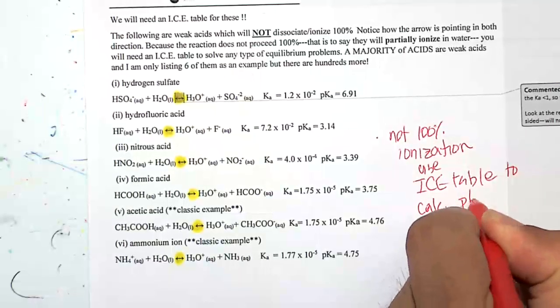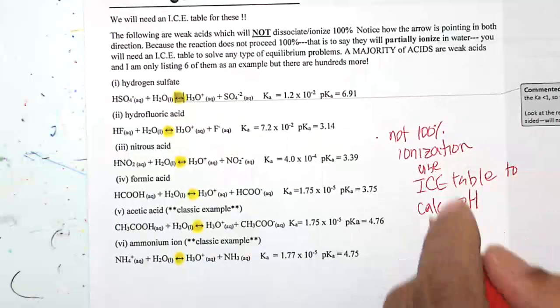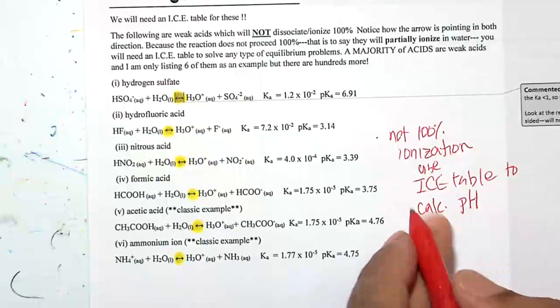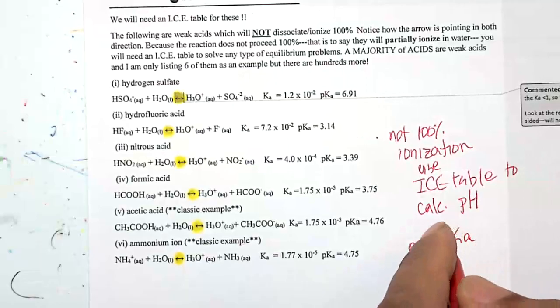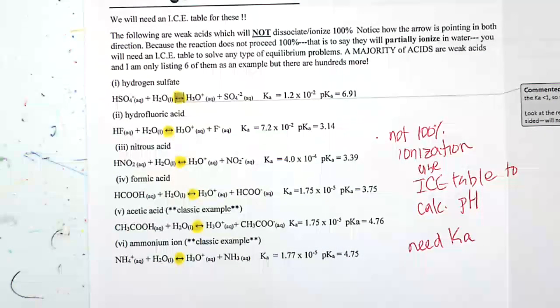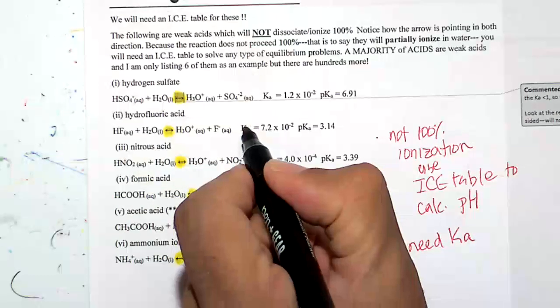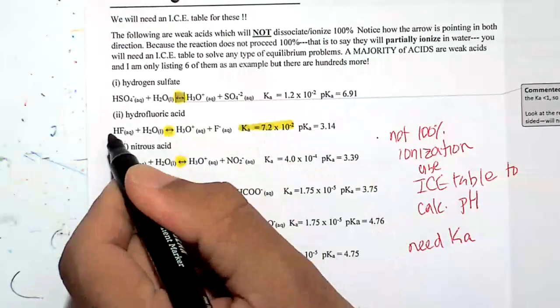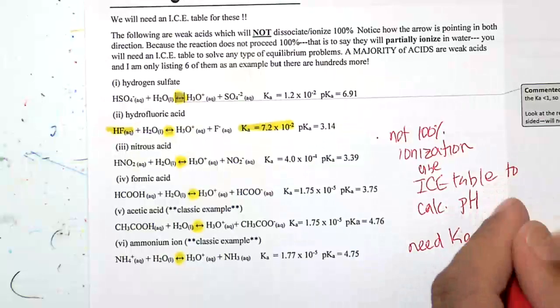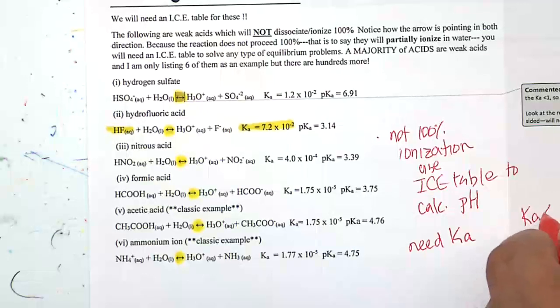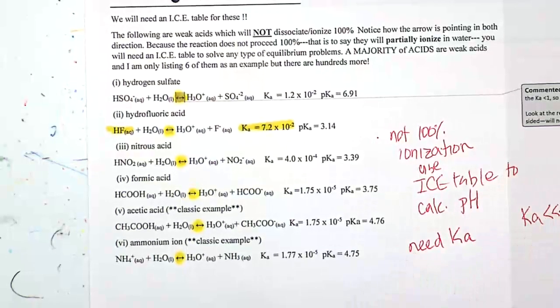What else do we need besides the ice table? We can't just plug it in, so we need the Ka. I'll give that to you on the exam. Some of these acids have a Ka that's given to us, and you notice that the Kas are small, so we're going to say less than 1.